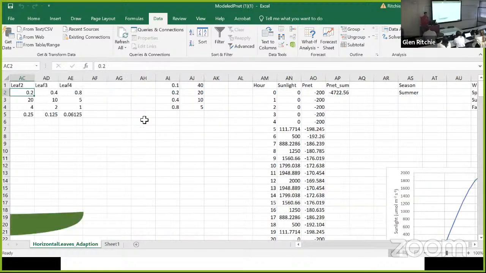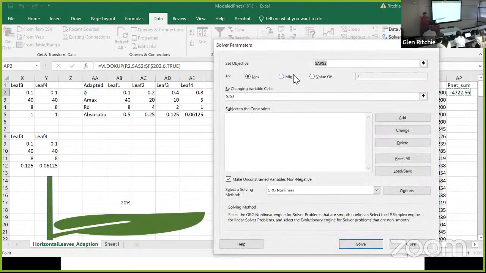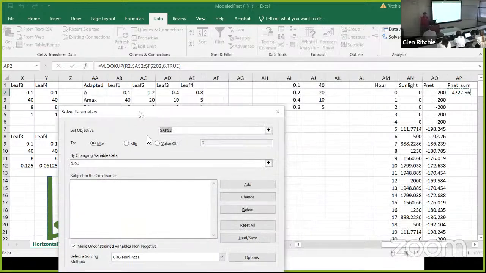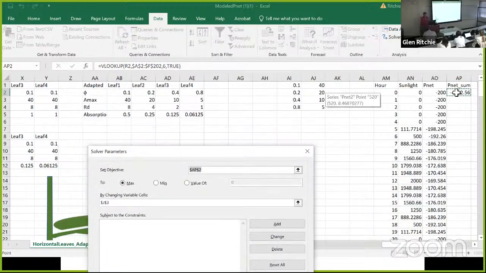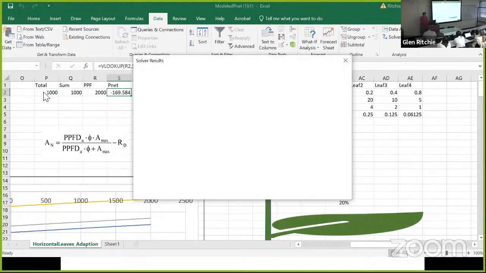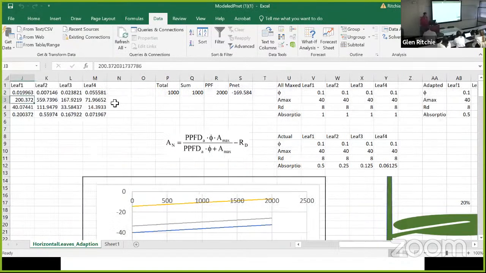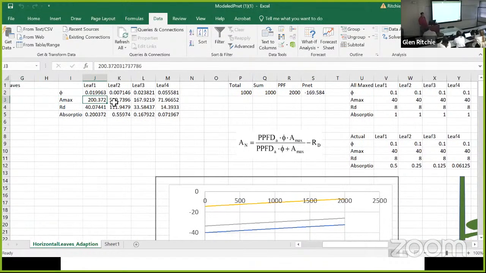Let me change that to just this PNet here. I'll explain why in a minute. Let's see. So you can tell I've been playing around with this over the weekend. Let me set that one to a maximum solution, and lo and behold, I've got a negative net photosynthesis going on for my solution here.